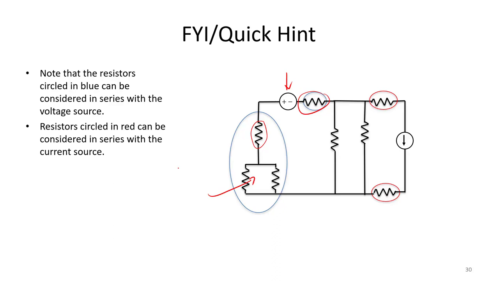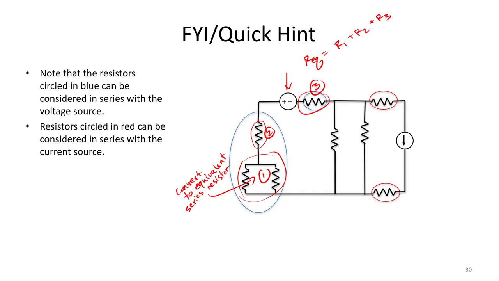Notice here the parallel resistors would need to be converted to an equivalent series resistor. But once you had determined what that equivalent series resistor is, you could actually add up and say that our equivalent resistance is equal to the sum of those three elements.